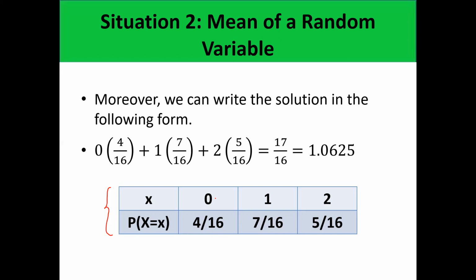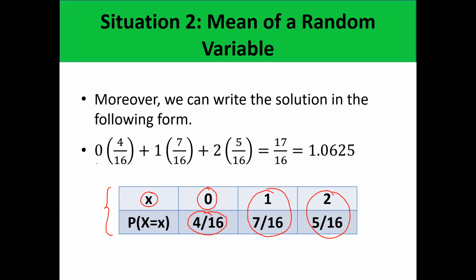Now, how do we compute the mean of the random variable x based on a probability distribution function? We can do that by multiplying the value of x with its corresponding probability, and then we do it for all the values of x. Once you have all the products, you add all these products and you get the mean of the random variable x.